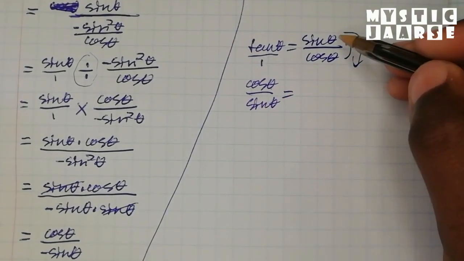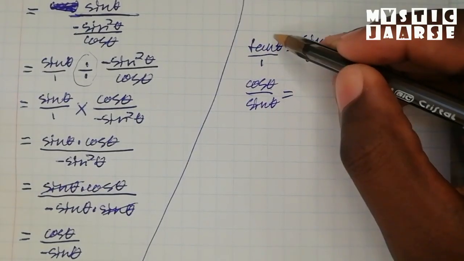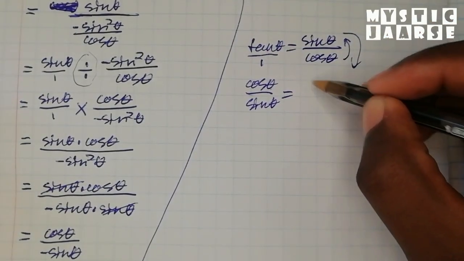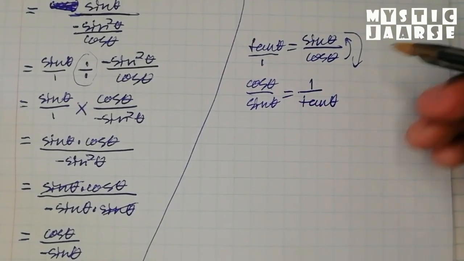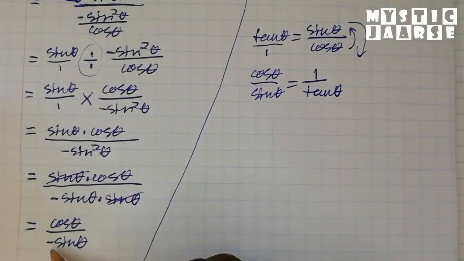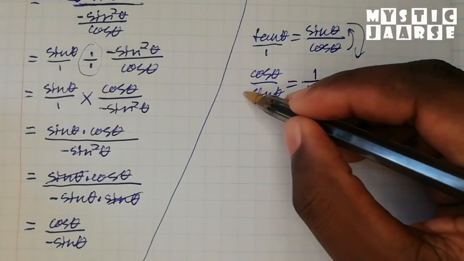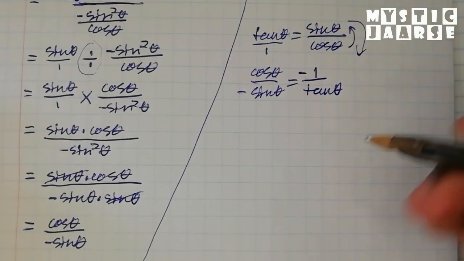And this will force you to make 1 your numerator and tan theta your denominator. So you will be having 1 over tan theta. But in this case, one of our trig ratios is negative, so we have negative 1 over tan theta.